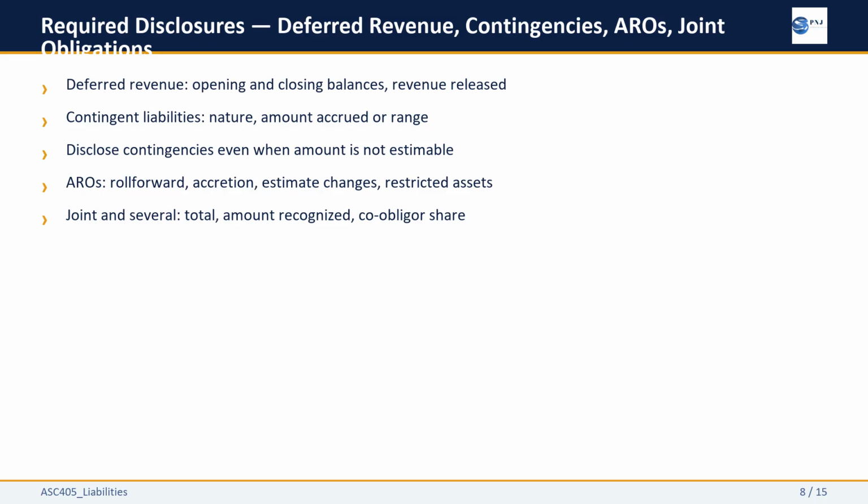Even if you cannot estimate the amount, you still describe the contingency. For asset retirement obligations, you provide a roll forward with accretion expense and estimate changes. For joint and several obligations, you disclose the total shared obligation, what your entity has recognized, and the portion attributable to co-obligors.